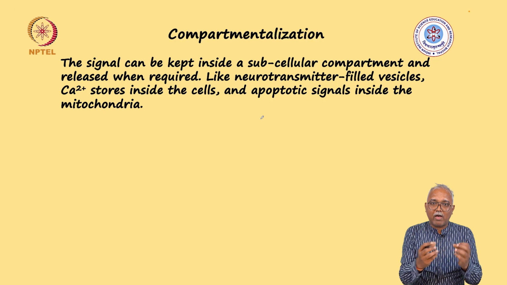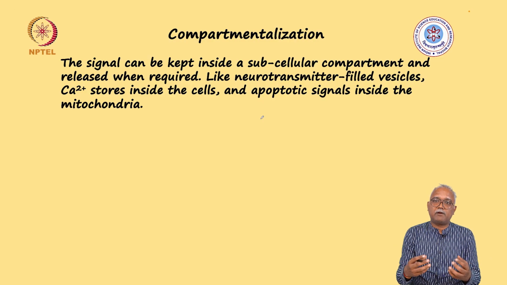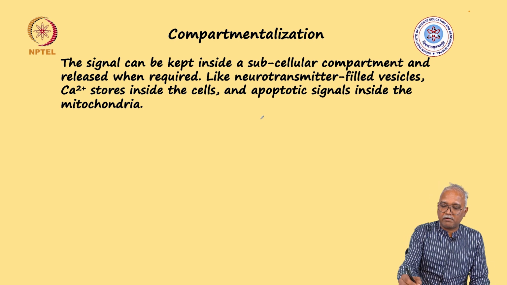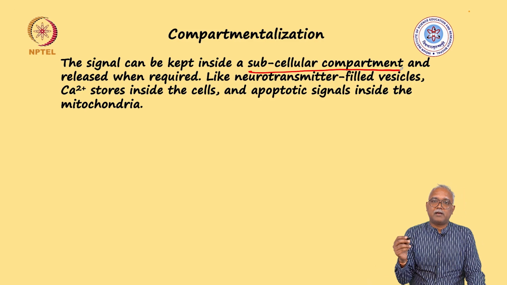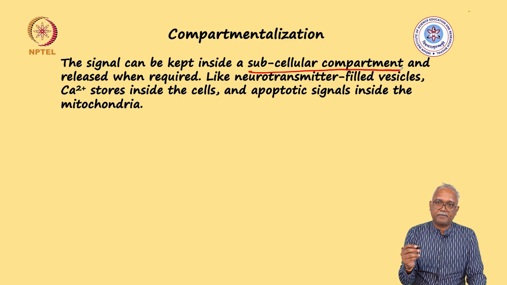So you have to keep the two entities away. Only when the signaling is required and desired cues are available, they will be allowed to come in close proximity and do the signaling. So subcellular compartments are there which ensure that the signal is not available.